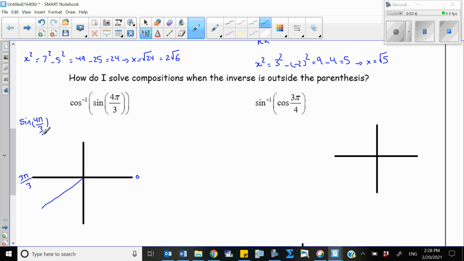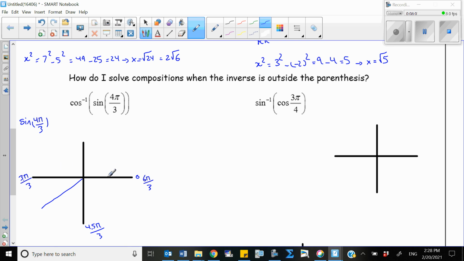If you're not sure about that, you can find it in this way. You say, if I make a full circle, this is going to be 2 pi, or basically 6 pi over 3. Halfway from 3 pi to 6 pi is 4.5 pi over 3. So 4 is between 3 and 4, so it's going to be here.